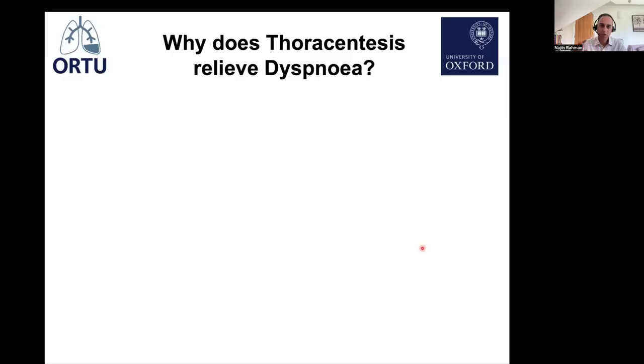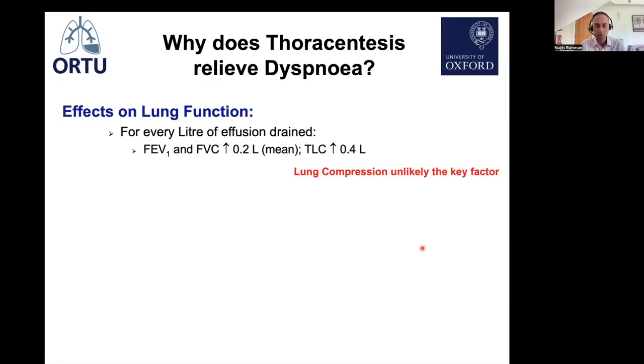So if I turn the question around, not why is the patient breathless, but when you do a thoracentesis, why does the patient feel better? In fact, we do know that 90% of people having a large volume aspiration feel better after the aspiration. So why may it be that the thoracentesis improves breathlessness? Let's think about the theories that I suggested. First of all, lung function.